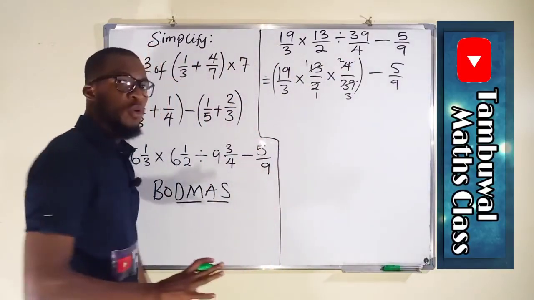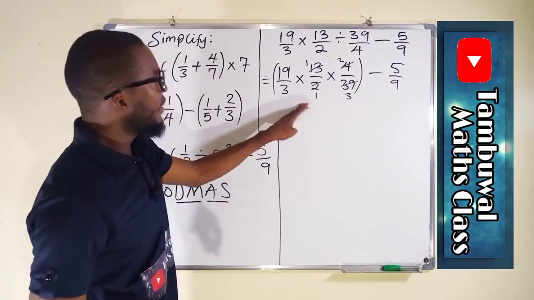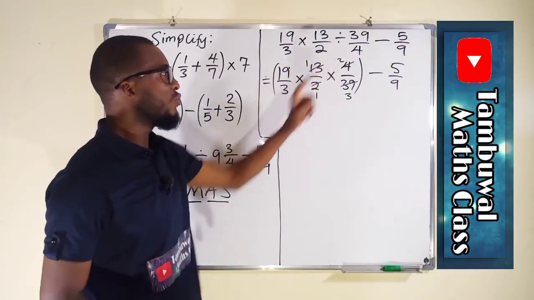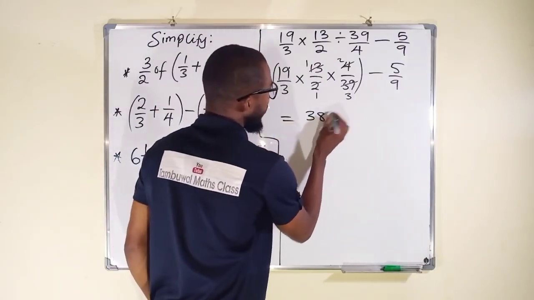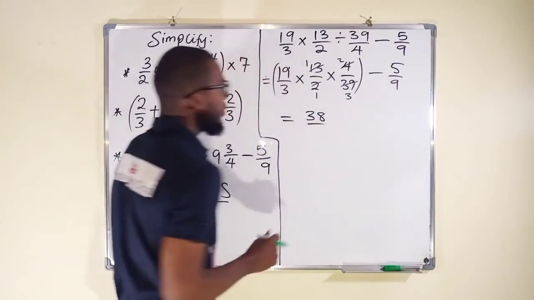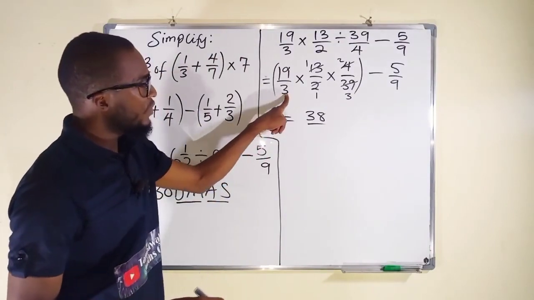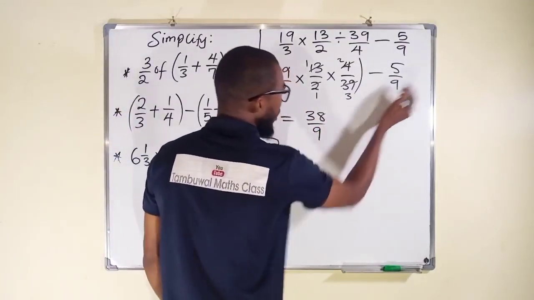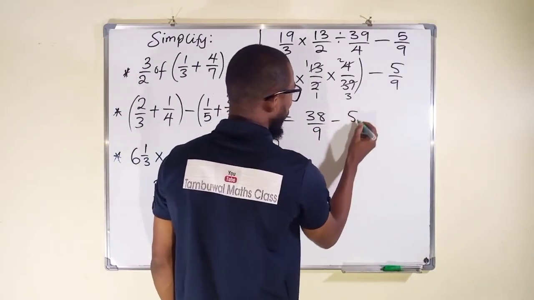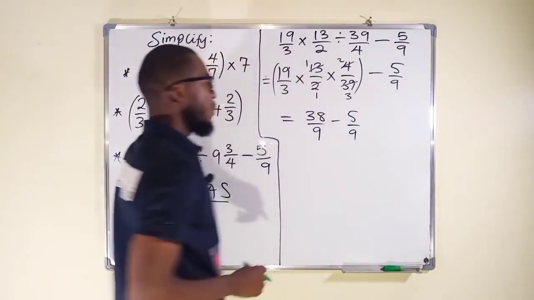So nothing else can go. What we have left is 19 times 1 times 2, which is equal to 38. And from the denominator, we only have 3 times 3, which is 9. And we have our 5 over 9.